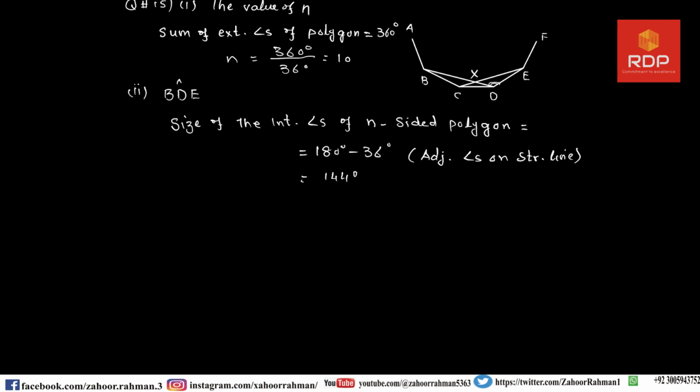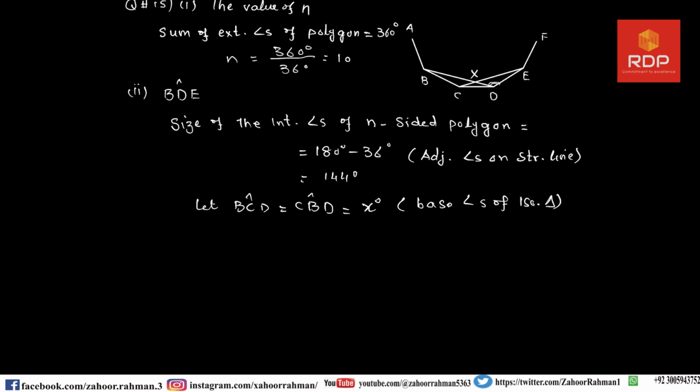Now let us say that BCD and CBD, BCD is equal to CBD is equal to x degree, and that is the base angle of an isosceles triangle.